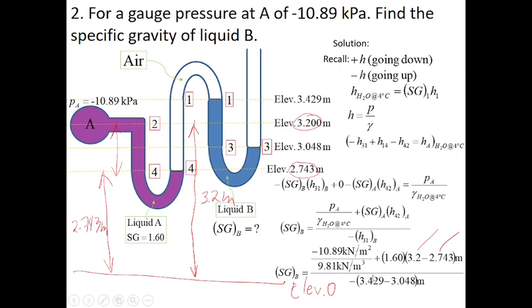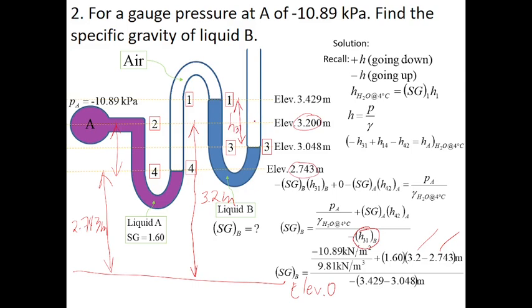We have H31B. Here we have liquid B, from 3 to 1, so we get this height.